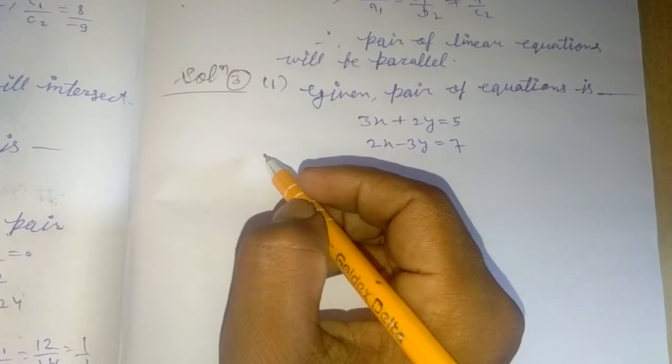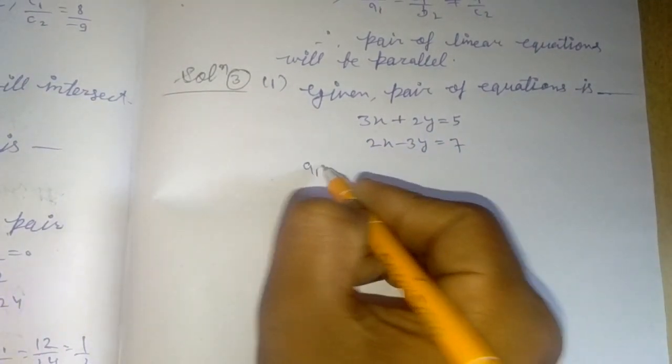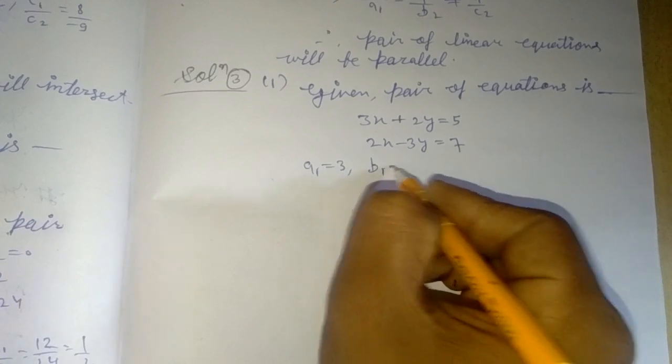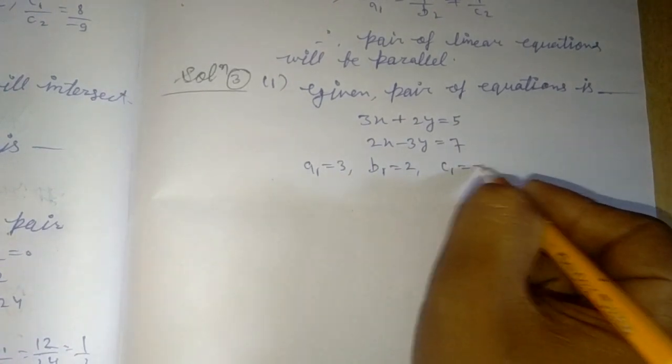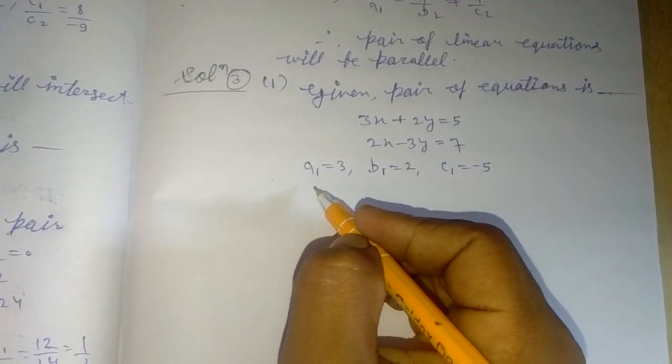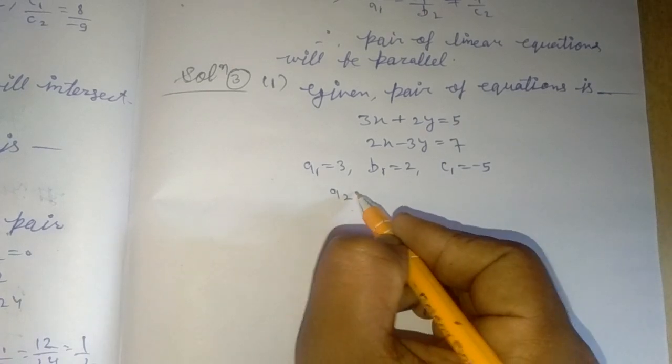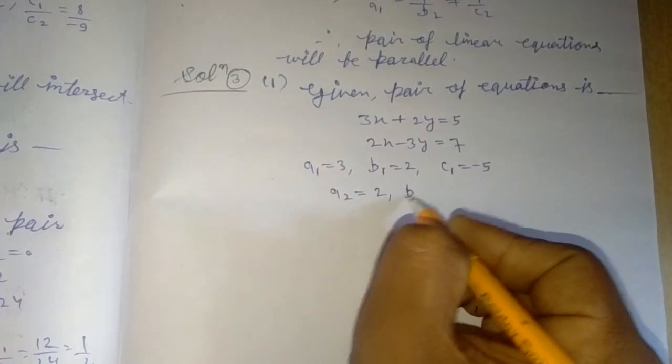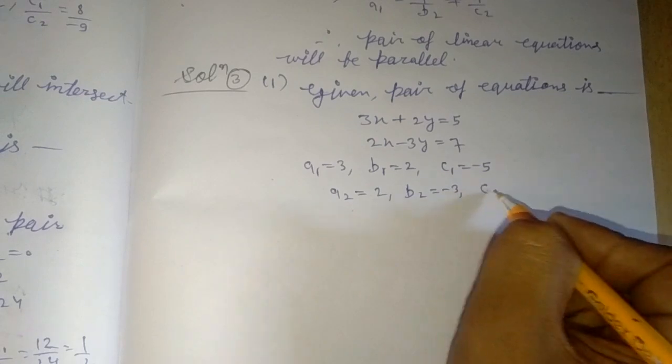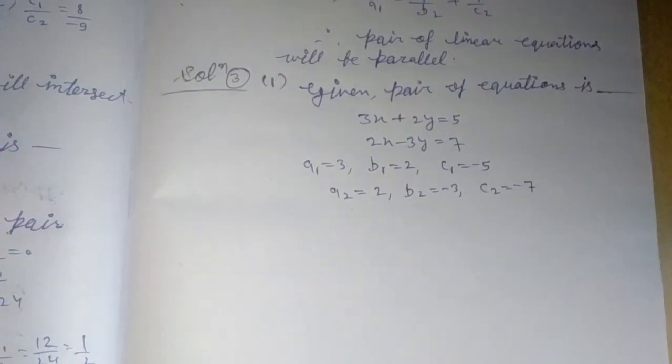So here you can observe that a1 equal 3, b1 2, c1 minus 5. Okay, a2 2, b2 minus 3, c2 minus 7.